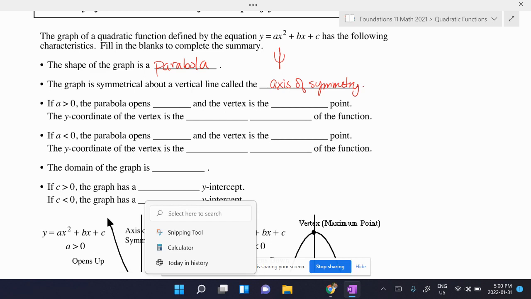If a is greater than 0, so that's y is equal to ax squared, if this is a positive number, then the parabola opens up. And if this is a negative number, if it's less than 0, then it opens down.